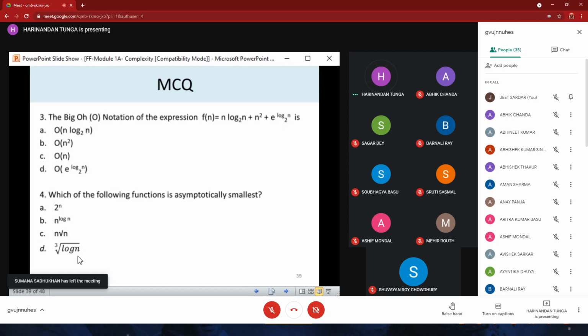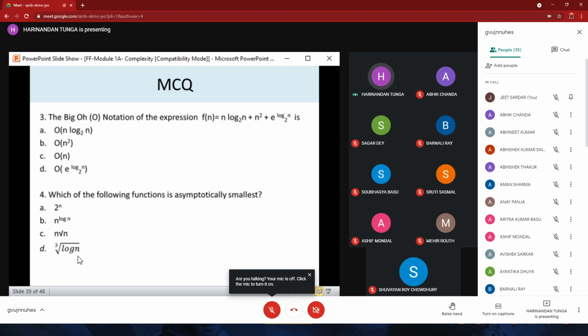Cube root of log n base 2. ওই অর্ডারে তুমি যদি যাও, এখানে n into root n. So suppose the value of n is 4.